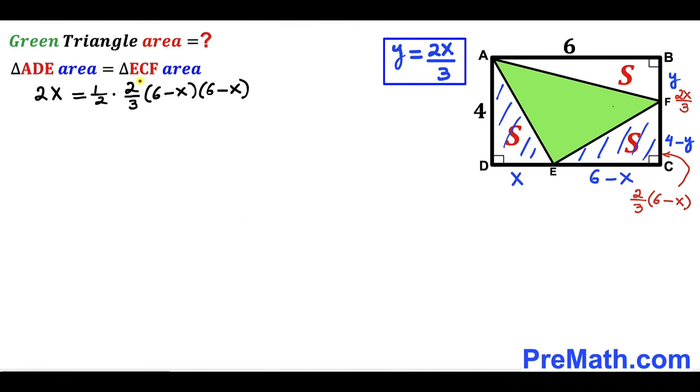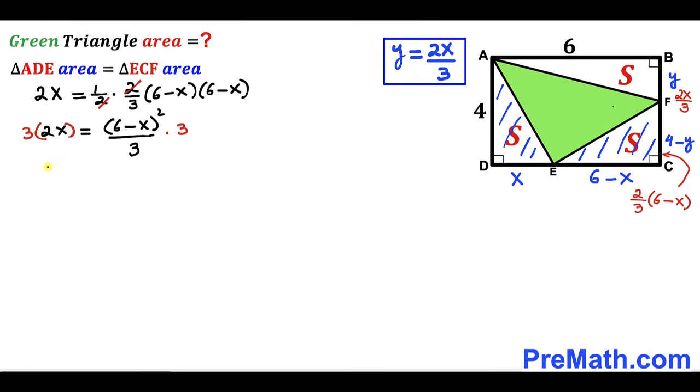And now we can see this 2 and 2 is gone, and this 6 minus x times 6 minus x is going to give us 6 minus x whole square. And now I'm going to multiply both sides by 3 to remove this fraction.